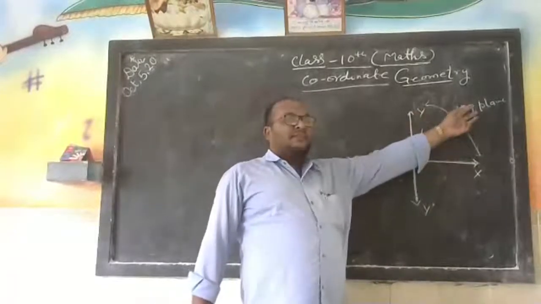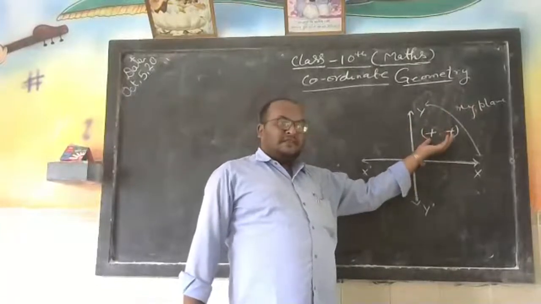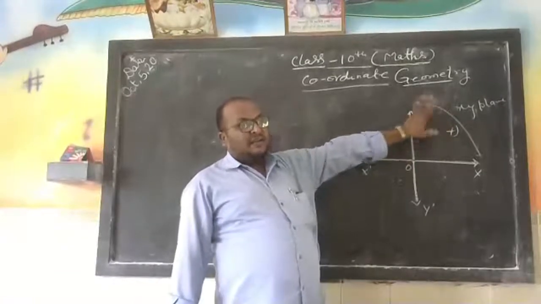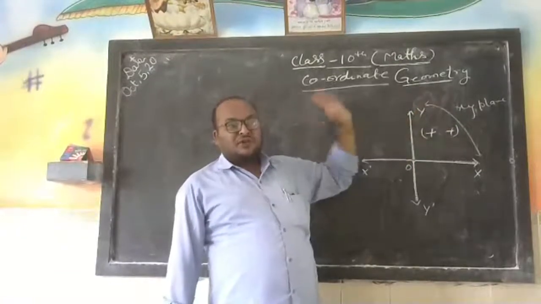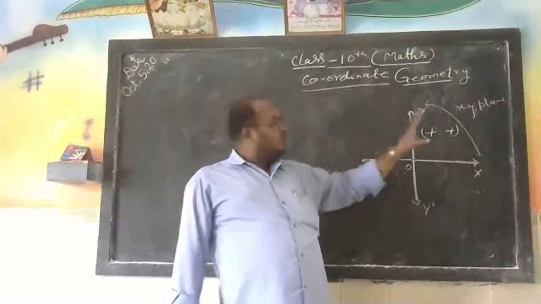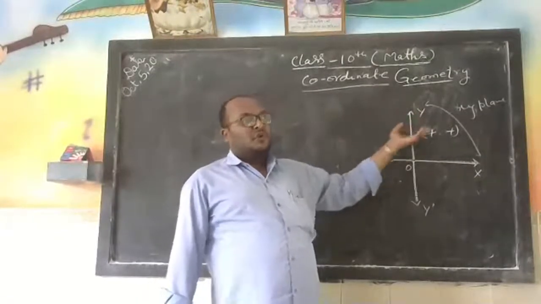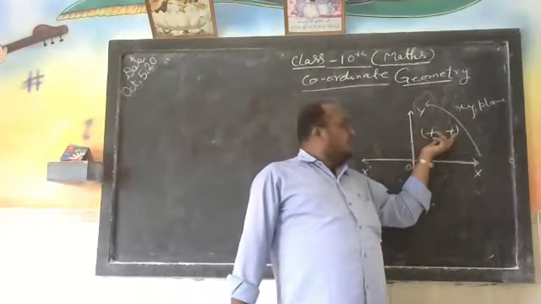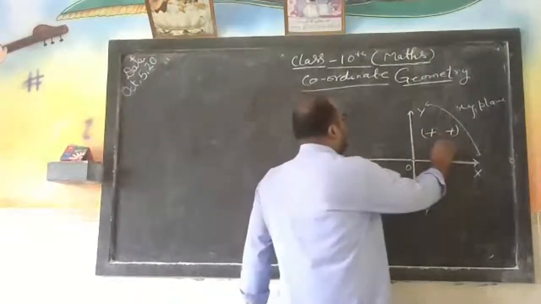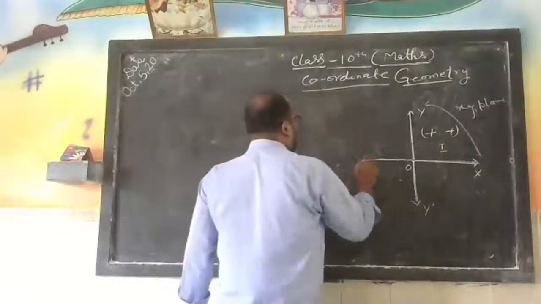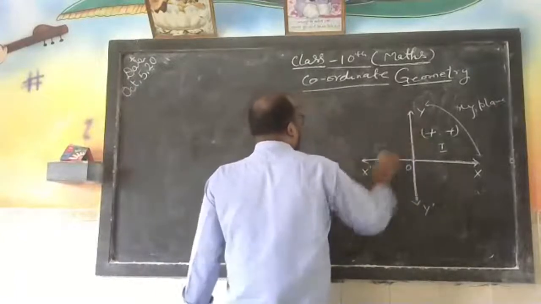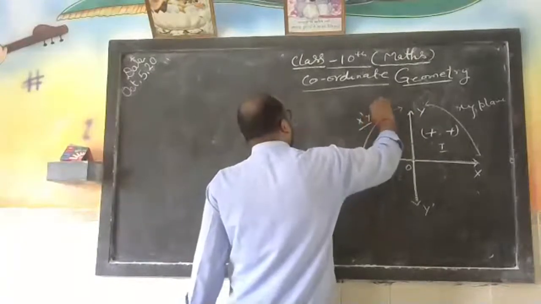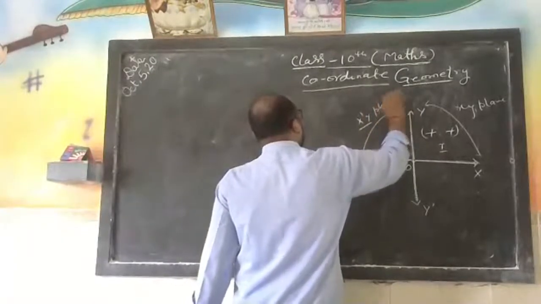In the xy plane, both coordinates will always be positive, so it is also called the plus-plus plane, the xy plane, or the first quadrant. Clear? Now, if the two points are intersecting each other at this plane, that is called the x dash y plane.